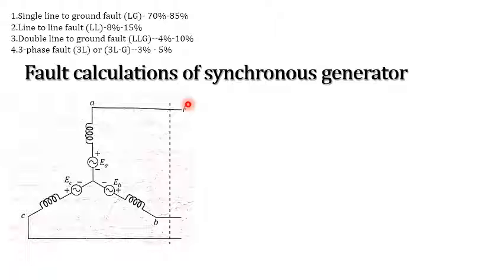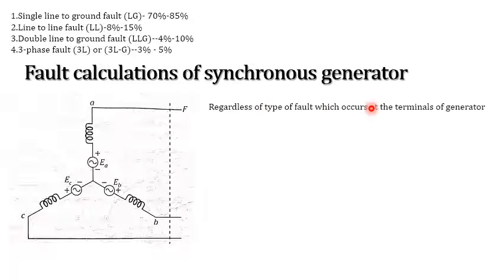From this we can understand that regardless of the type of fault, the terminal voltages of the generator will be VA1 = EA1 - IA1 Z1, VA2 = -IA2 Z2, and VA0 = -IA0 Z0.